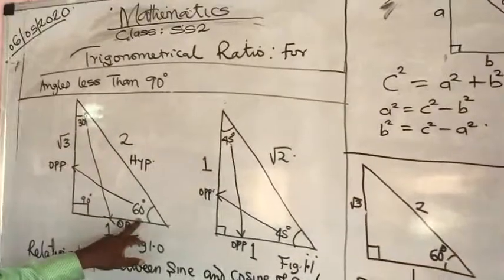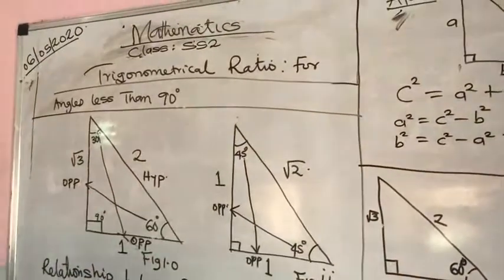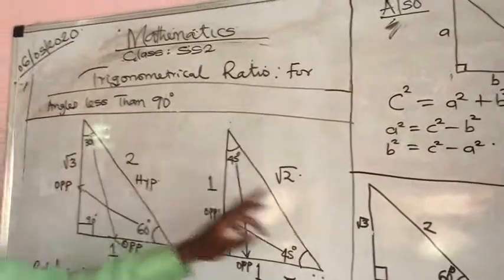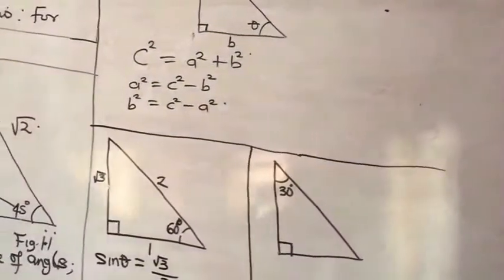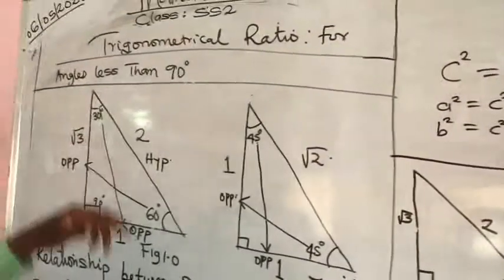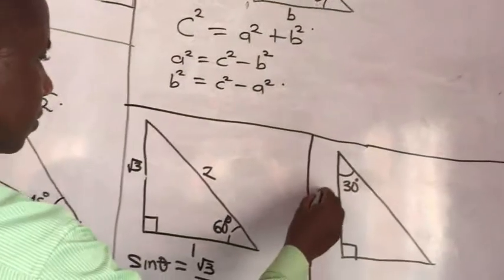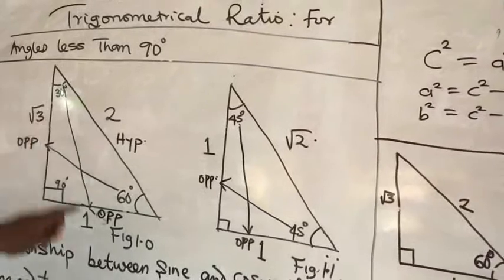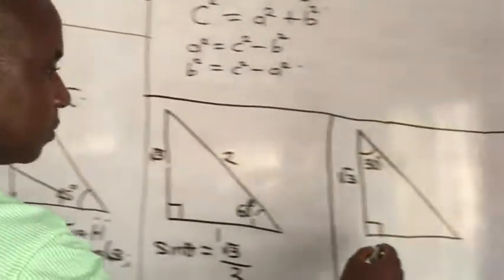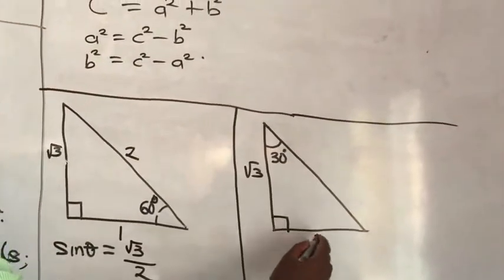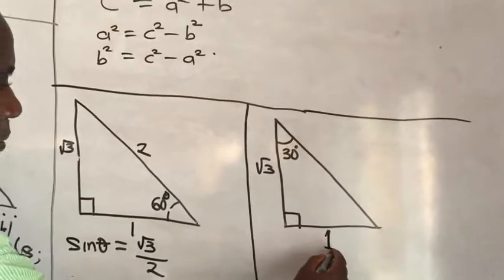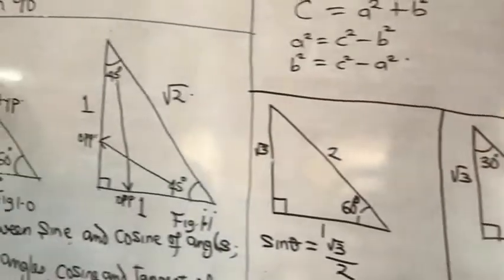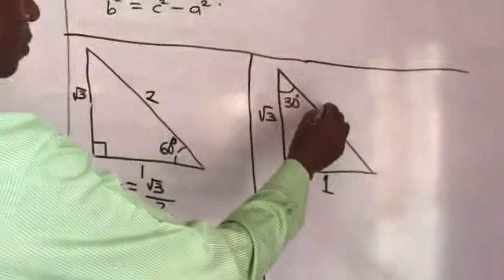I didn't touch 60 again because we are through with 60. So this is the 30, you can see it there. Now the root 3, which is there, I bring it. Then the 1, which is this, I also bring it in. Then we'll have the 2 that is there, which is this.